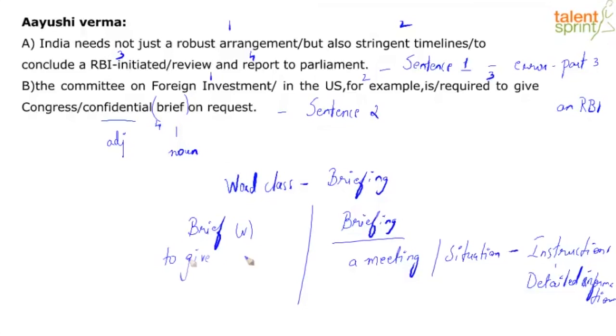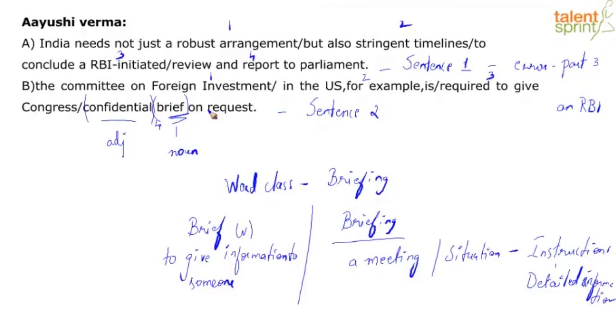You give information to someone or you give instructions to someone, right? So can you please brief this person about what happened, but about what happened in the briefing, right? So just to differentiate, and the clue word for you is the adjective confidential itself. You need a noun form here and not a verb form, okay? So that's the difference here.